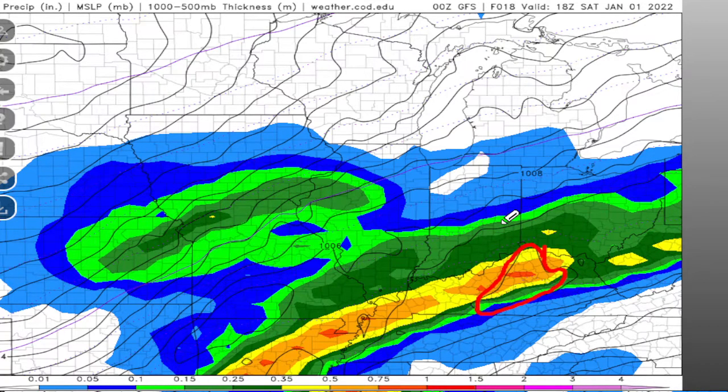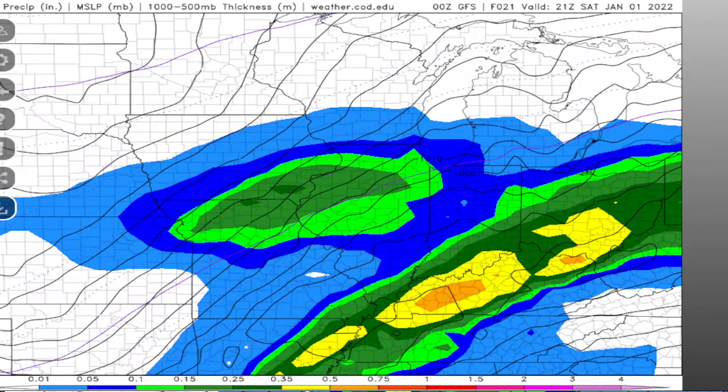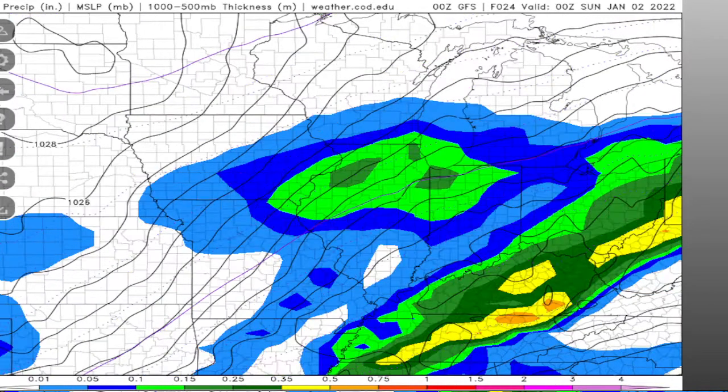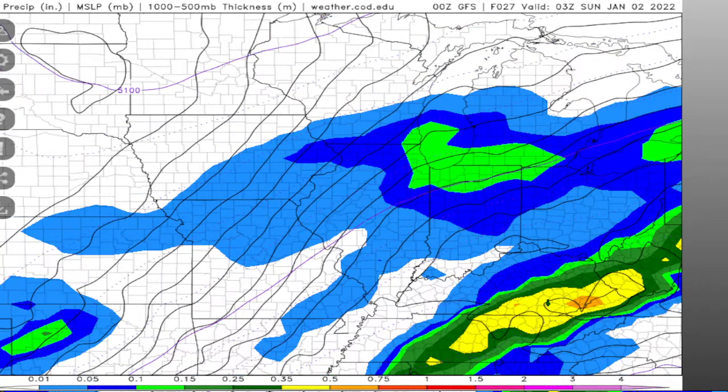Right there's a low, right there's a low. And this is pushing into Saturday 21Z, and then that pressure system pushing through to the east.